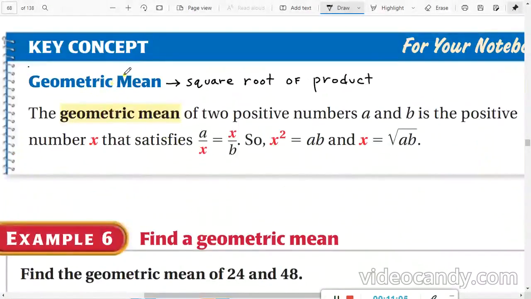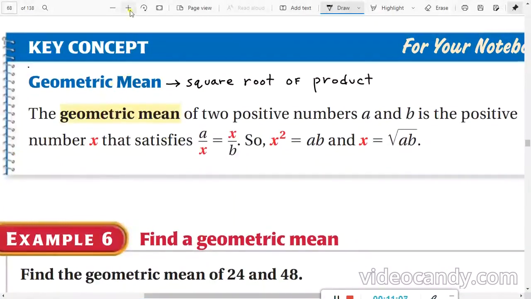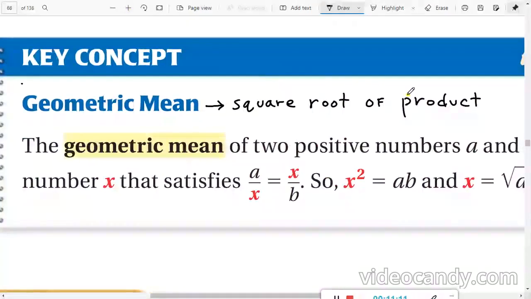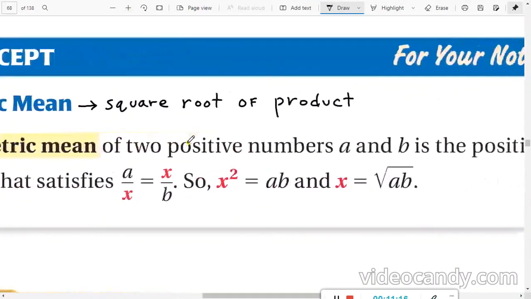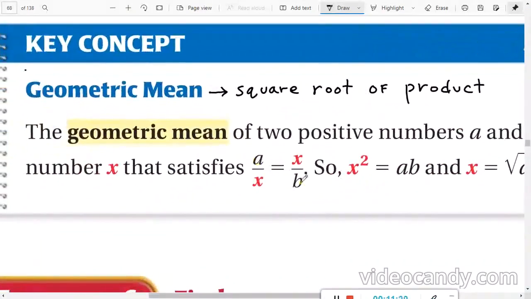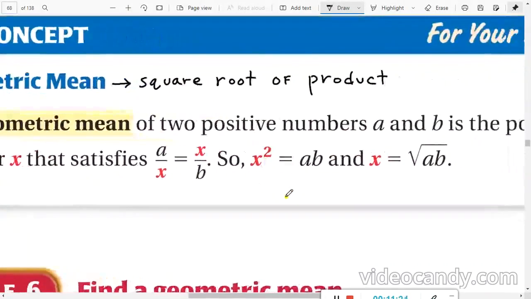Okay, here we have the geometric mean, and it's basically just the square root of the product. All right, so it says the geometric mean of two positive numbers a and b is the positive number x that satisfies this equation. All right, so they made it complicated here. So if you do x times x, you'll get x squared.